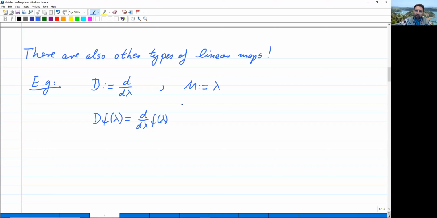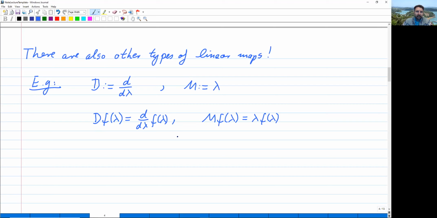And what does the map M do? If we apply the map M on f of lambda, then it is by definition the operation of multiplying our function f with its independent variable. So we have two operations here, D and M, and we now know how they act on functions.